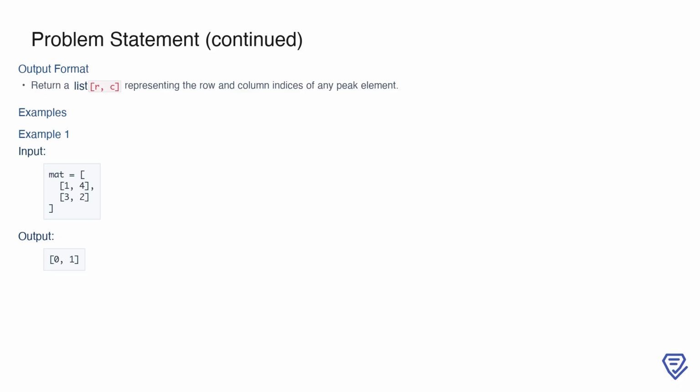Here, the input matrix is a simple 2 by 2 grid: [1, 4], [3, 2]. In this case, the output is [0, 1], indicating that the element at row 0 in column 1 is a peak. This is because the value at that position, 4, is strictly greater than its adjacent values, 1 to its left and 2 below it.